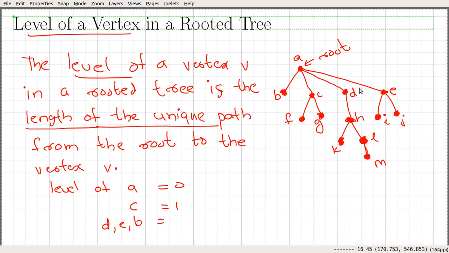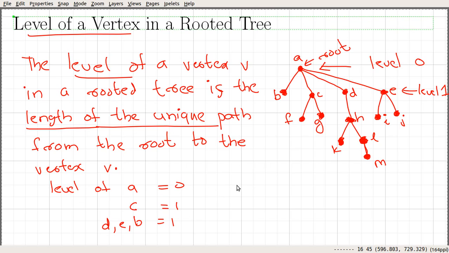and level of E is also equal to 1, because if you consider this vertex, the path from A to E has length 1, only this edge, right? So we have only one root at level 0, and these vertices B, C, E, D are at level 1.